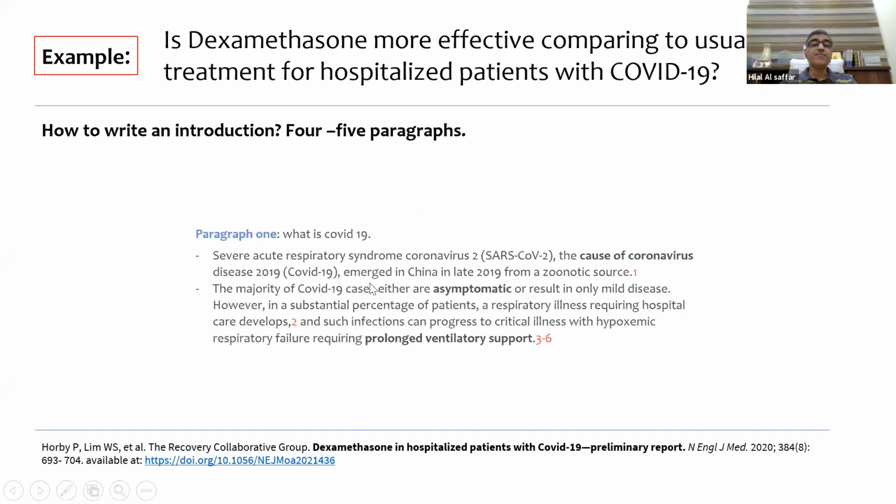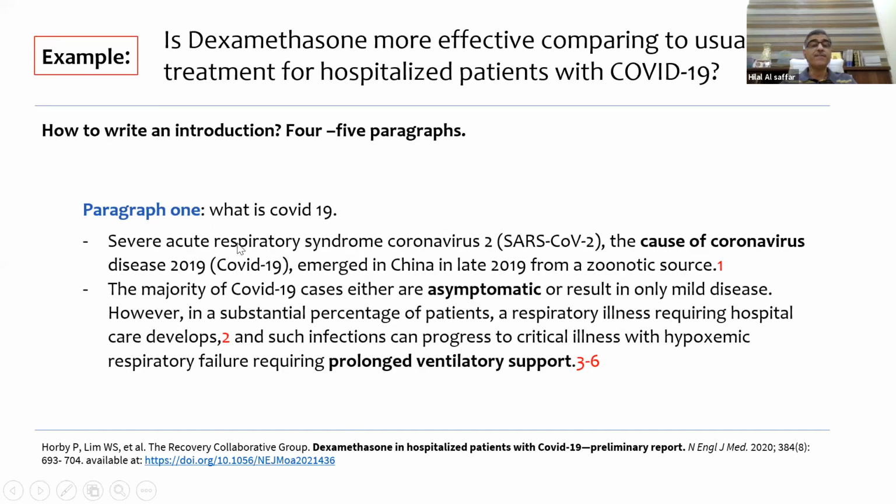The first paragraph is some introductory notes about what is corona or COVID-19, and something about the diversity of symptoms, from being asymptomatic to severe respiratory failure with the need of ventilatory support. And this is, of course, the research background.